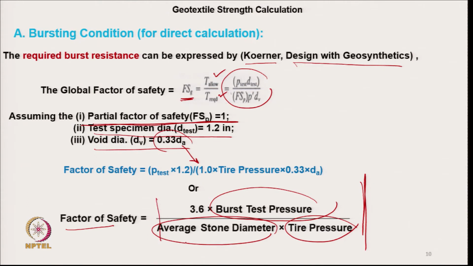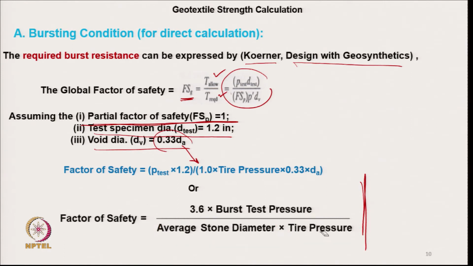So, this is the standard equation which is widely used. It is basically 3.6 multiplied by bursting strength divided by average stone diameter and tire pressure.